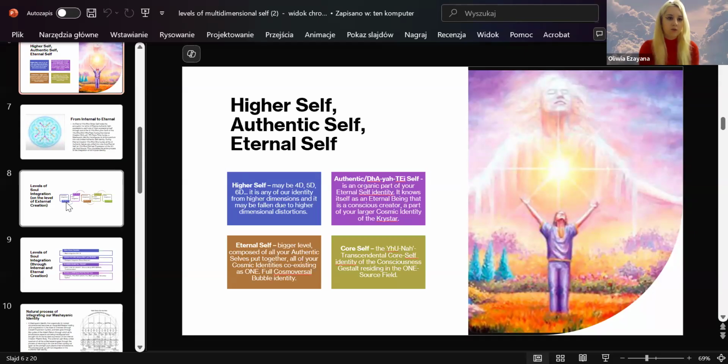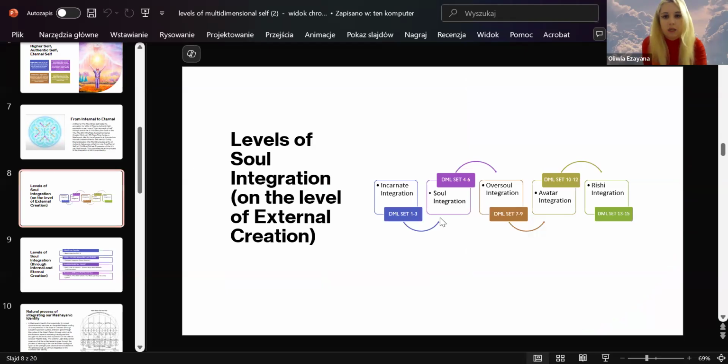So if we look at this structure here, this diagram is representing our identity levels on the level of the external creation. As we know, we have 3 creation domains: the external, internal, and eternal. And as we go through the process of ascension, we are progressively ascending to the higher levels of domains that are holding more and more of the connection to their own source point.